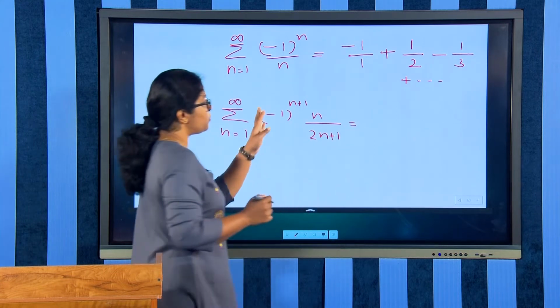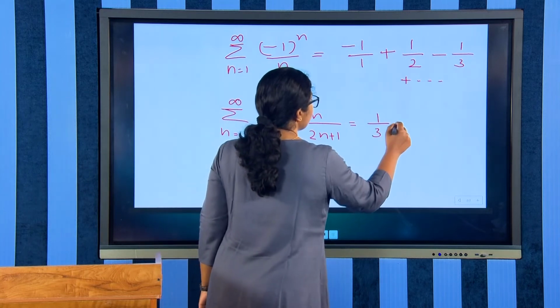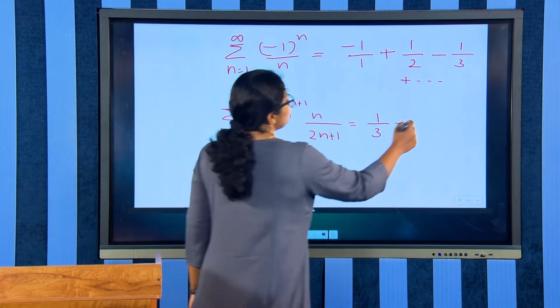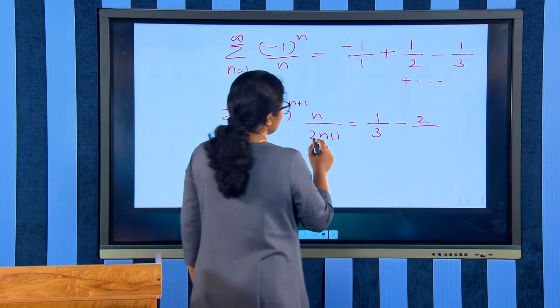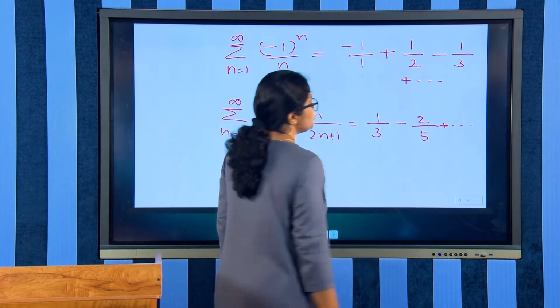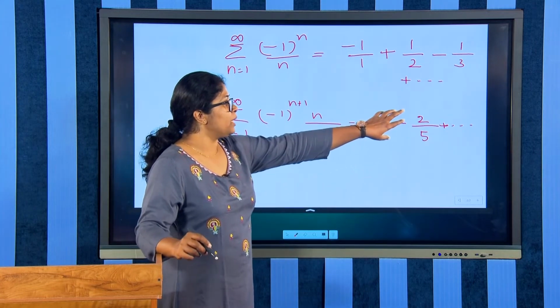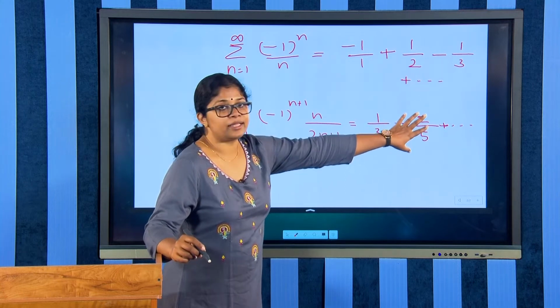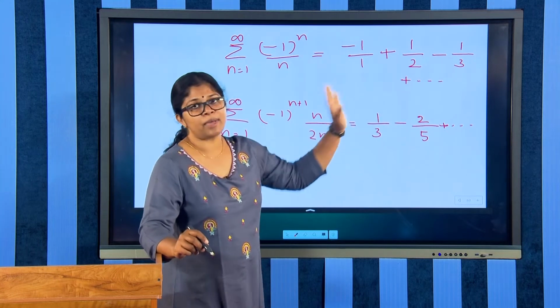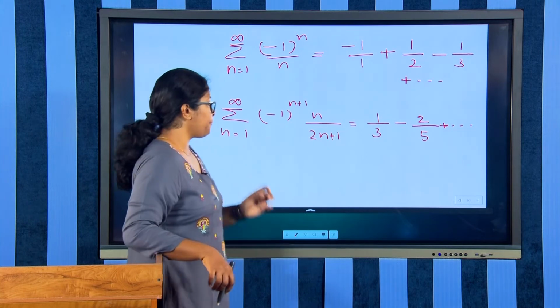When you put different values of n, we can see this is 1 upon 3 minus 2 upon 5 plus and so on. So, again we can see that this is a positive term minus another term plus another term and so on. So, that is also an alternating series.